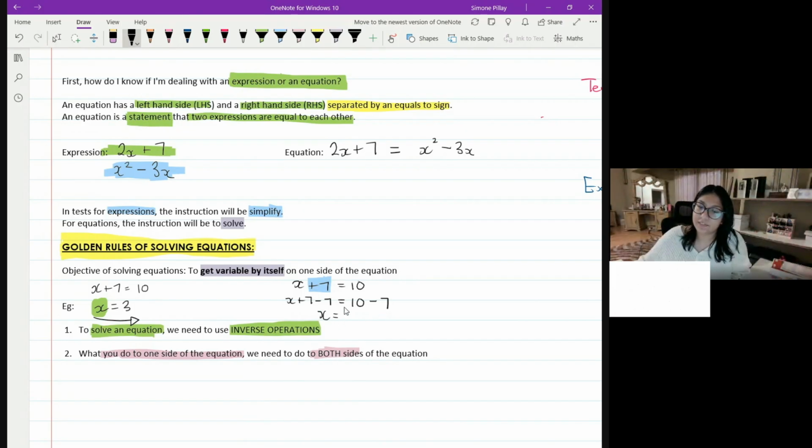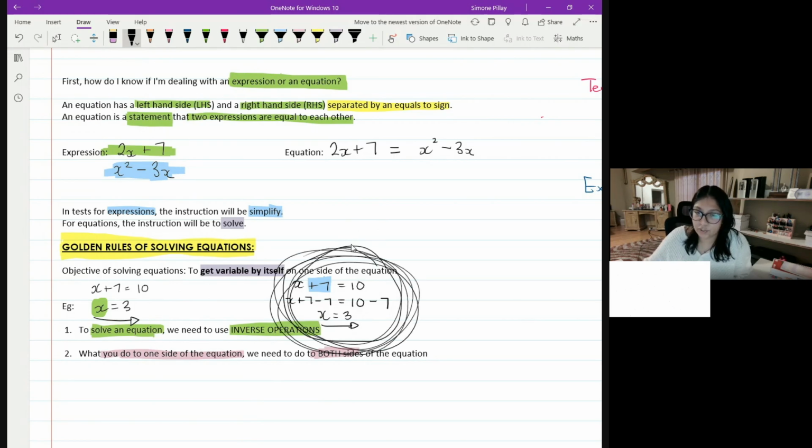And then we have 10 minus 7, which is 3. And so we got the answer here, but this was what we call solving by inspection. That's solving just by looking. You can only really do that with really easy equations. If I were to ask you to show steps, this is the steps that you would show.